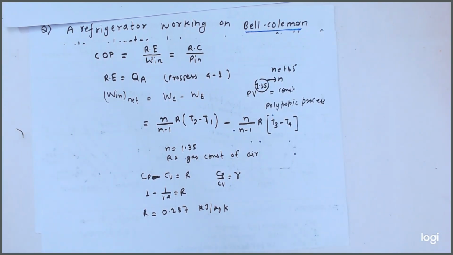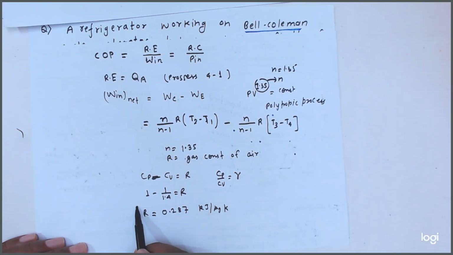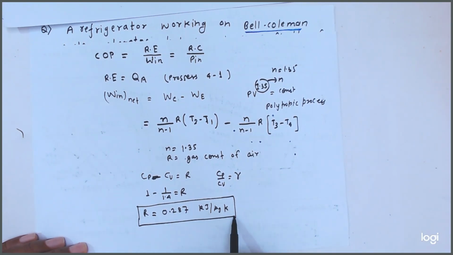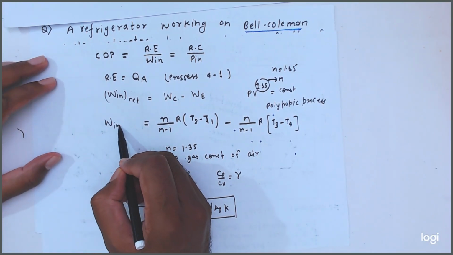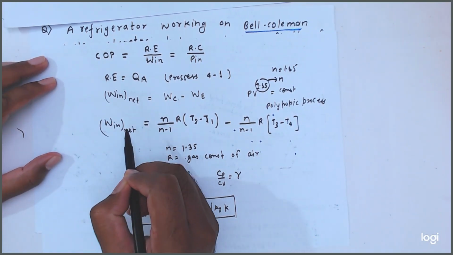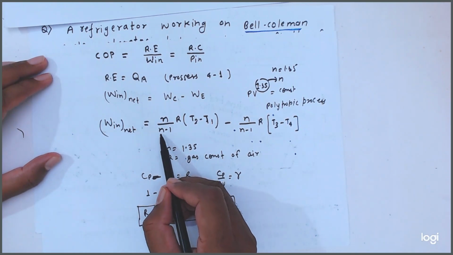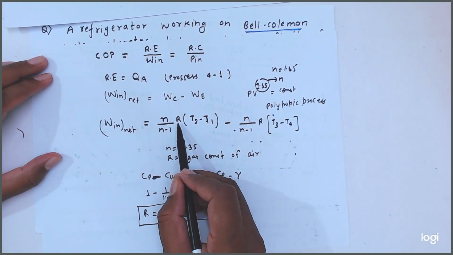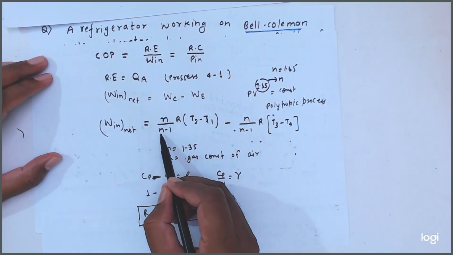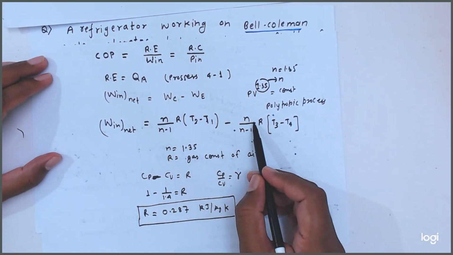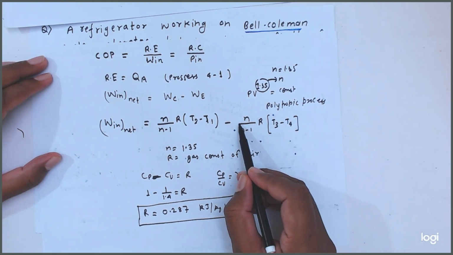Okay. So here R is the gas constant for air we found, and W net equal to what is the formula? n upon n minus 1 R (T2 minus T1). This is the work done in the compressor and this is the work done in the expansion.